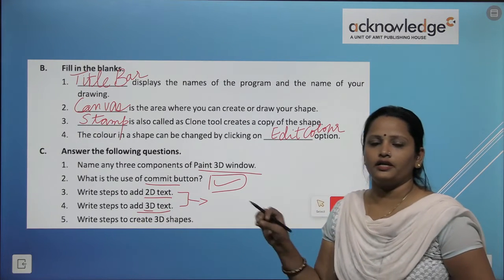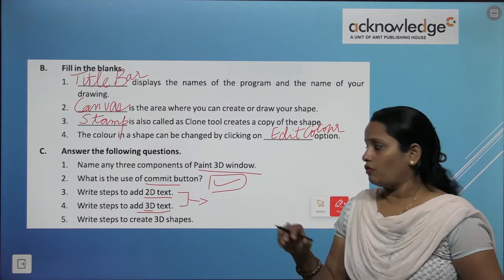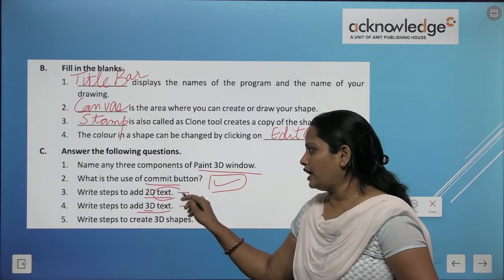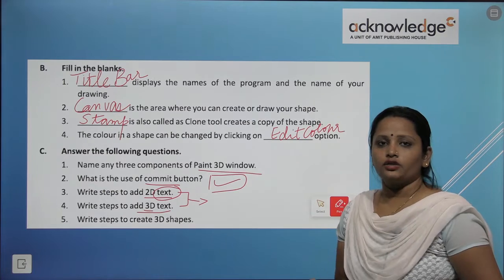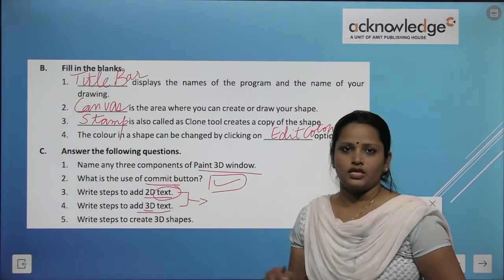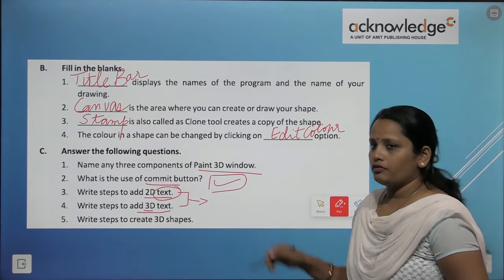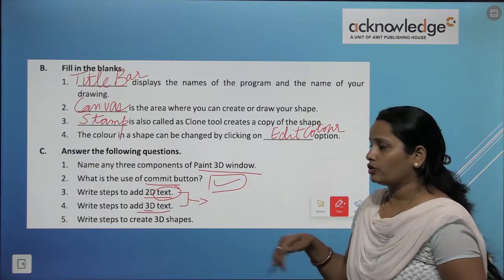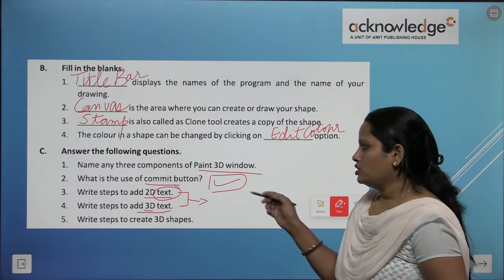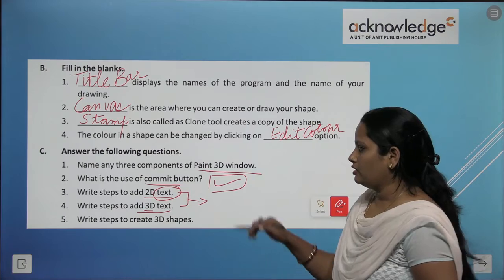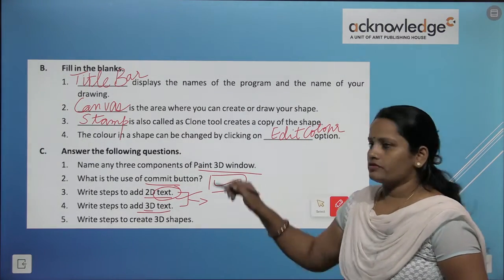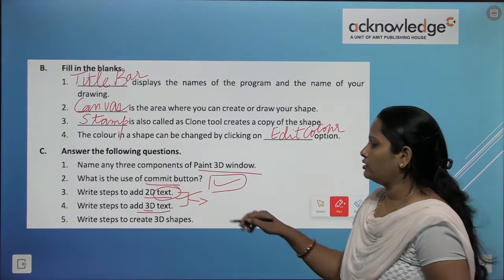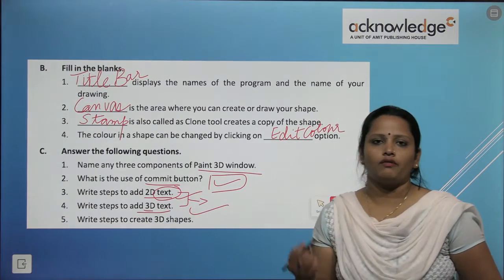In that we can enter the data, whatever we have to write, we can write there, whether we have to write in 2D or in 3D, the same steps are to be done, and after writing it, we have to click outside the box. So after doing this, what will happen? The 2D text will be inserted if we have selected 2D text option, and 3D text will be inserted if we have selected the 3D text option.